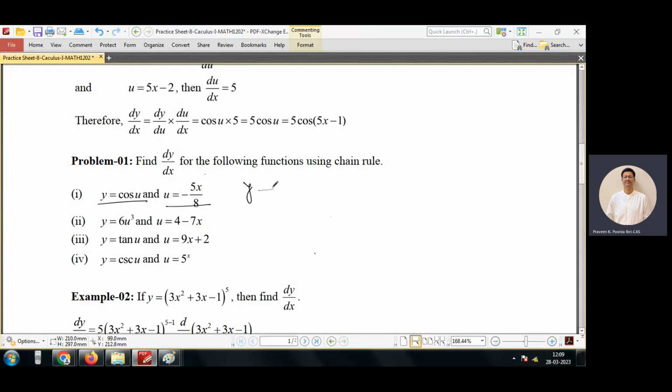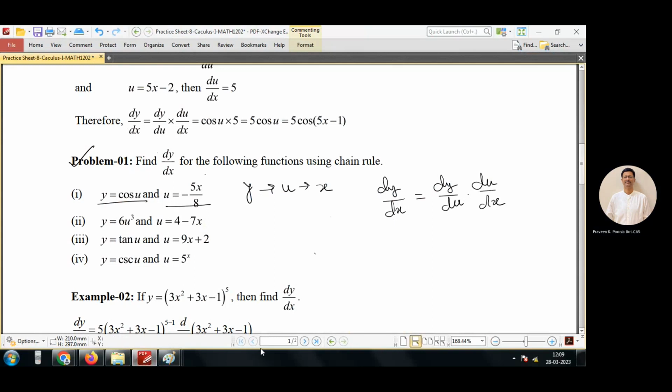So y is a function of u and u is a function of x. So for problem number 1, same rule: dy by dx is equal to dy by du into du by dx. This rule you need to use, and it is very easy. Directly you can calculate the derivative of all these 4 functions.